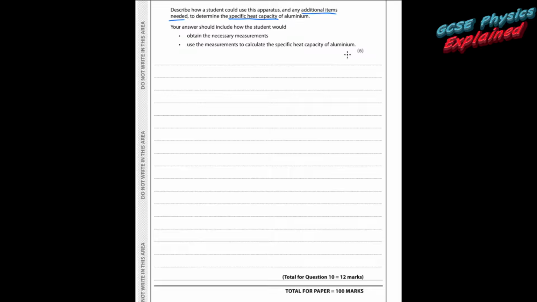Right, well, as I say to my students, base your explanation on the calculation. So if we're trying to get the specific heat capacity, the formula will be delta Q equals M times C times delta theta. Right, so we need to measure the mass of the aluminium. So we're trying to get the specific heat capacity of the aluminium.